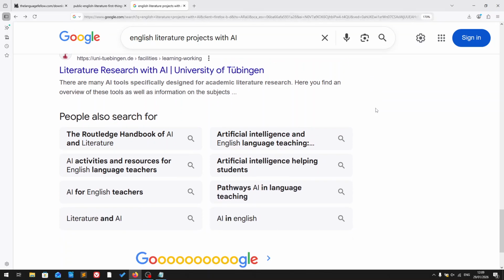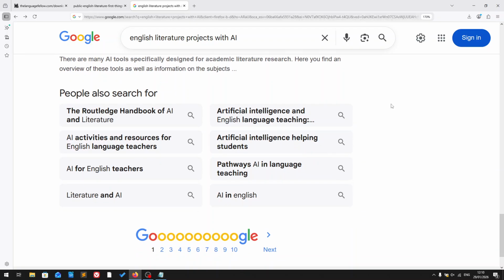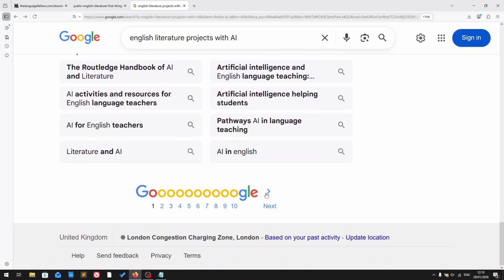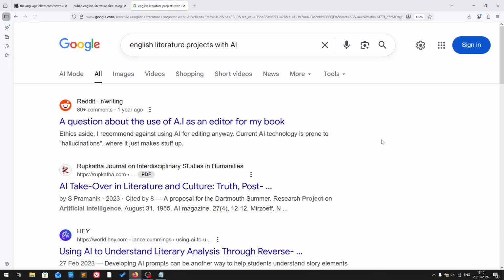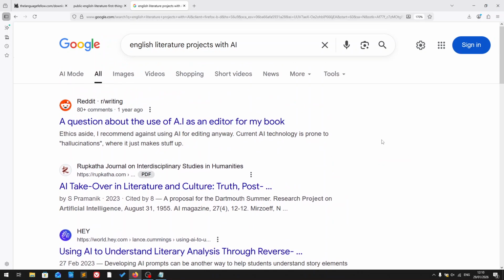Literature research with AI. That is for literature research in any domain. It doesn't have to be English literature. That is just academic literature, right? And so on. So I'll stop here.